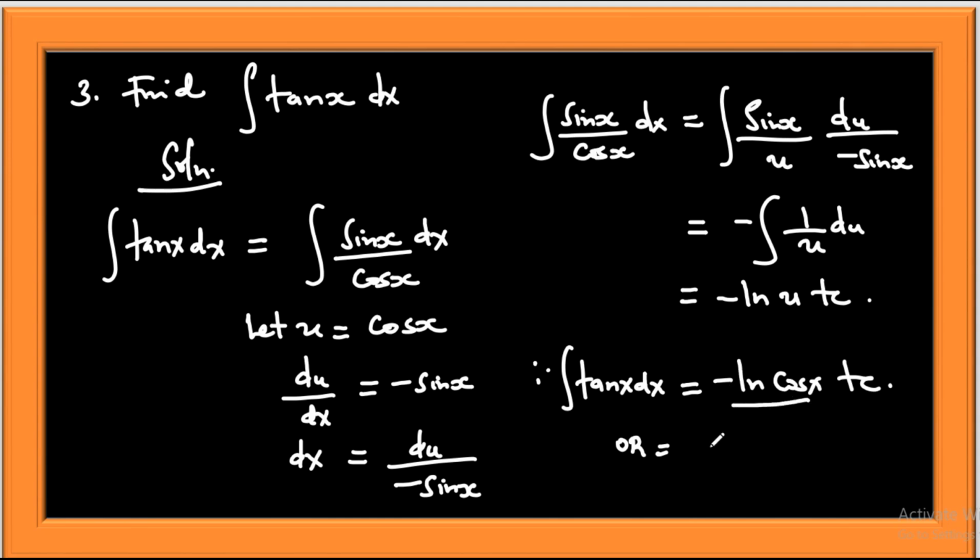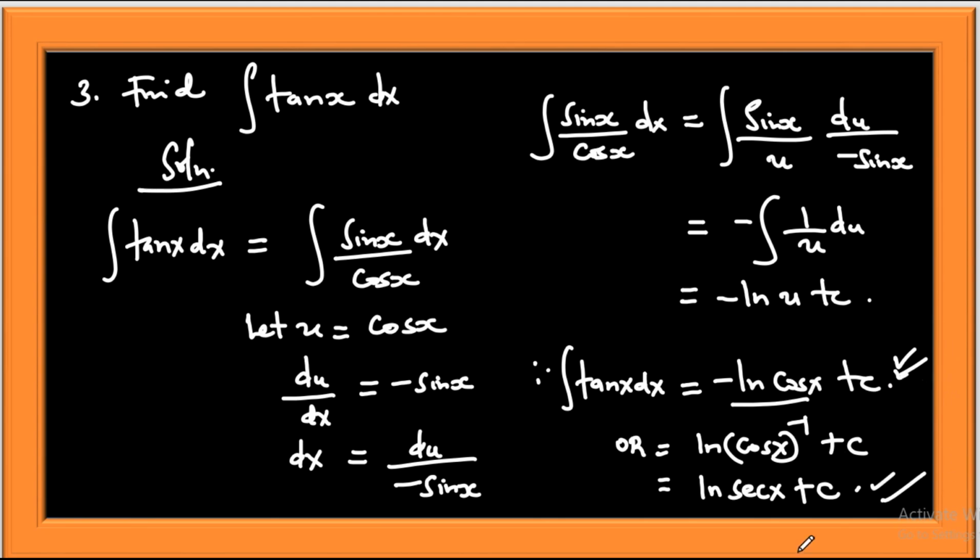This expression can be written as ln of (cos x) to the power negative 1, plus a constant. And cos to the power negative 1 is 1 over cos, which is sec x, and therefore the answer can be written as ln of sec x plus a constant. So it's as simple as this, but you can stop at the earlier level depending on the requirements of the question, and if it requires you to go to this level, you can proceed.